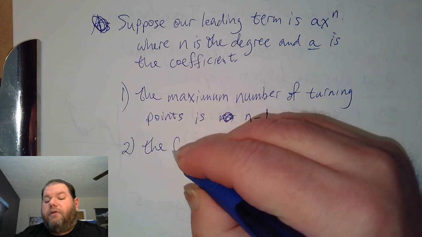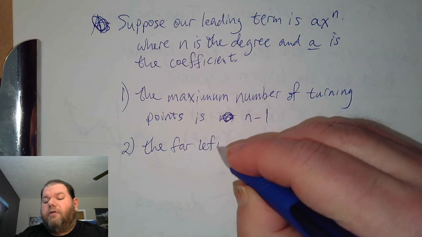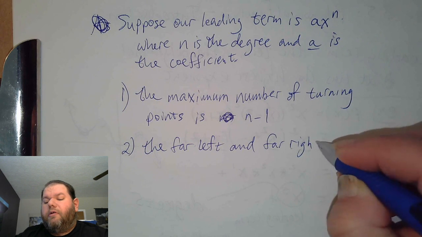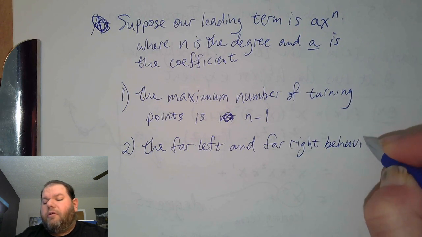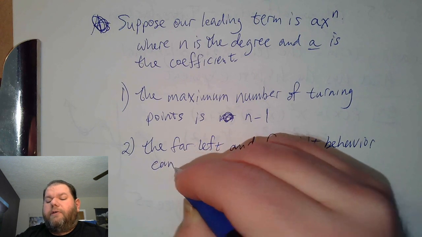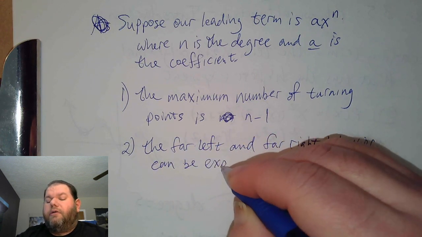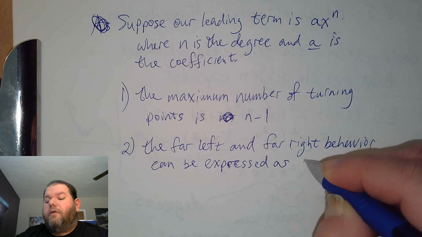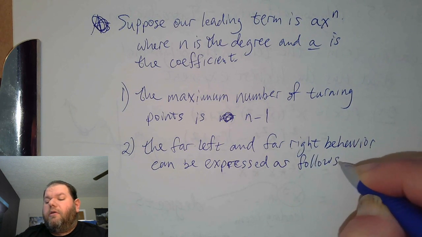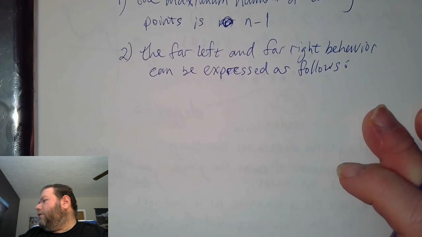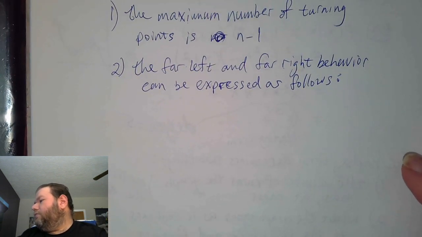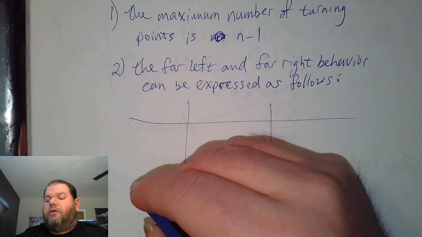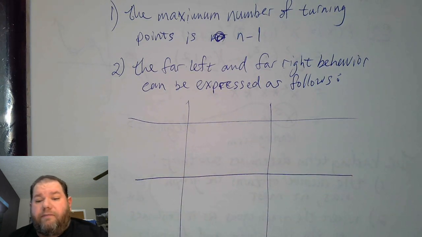The far left and far right behavior can be expressed as follows. Make a table, and we need a little space here, unfortunately.